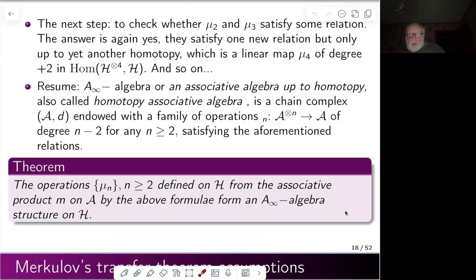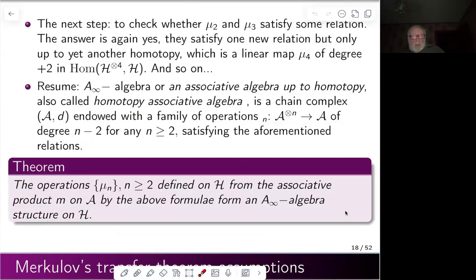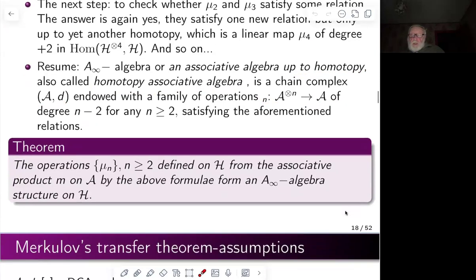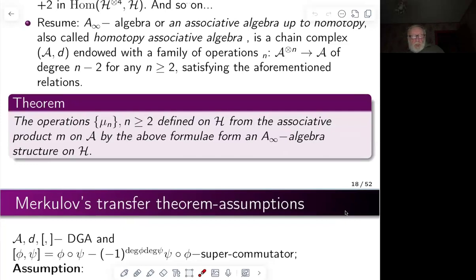On the level of A, it is m. I'm sorry. Is it clear? Yes, so degree n minus 2, and they satisfy this Stasheff relation. Kadeishvili proved that all new operations mu sub n for n bigger or equal to 2, which are defined on this chain complex H from a given associative product on A by the above formulas, really give a structure which satisfies the Stasheff relation.